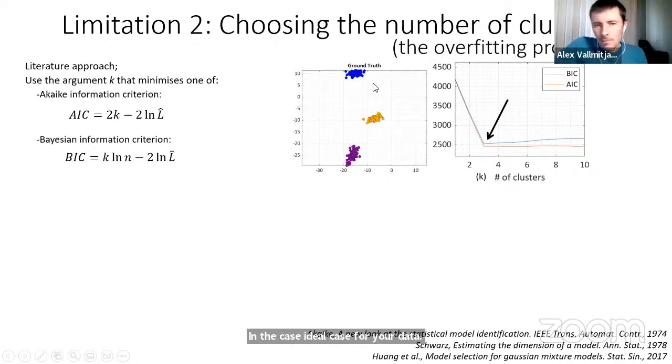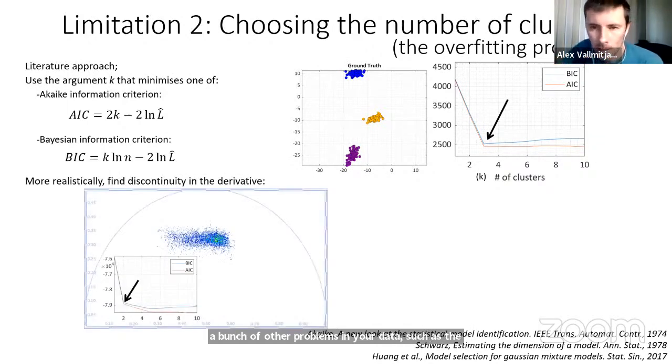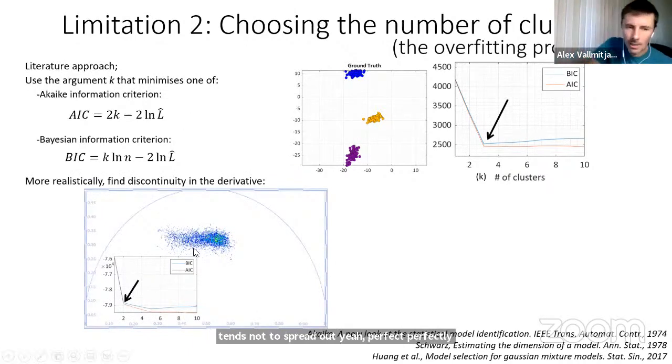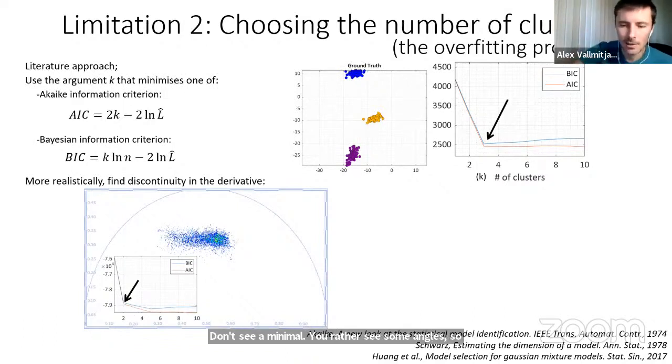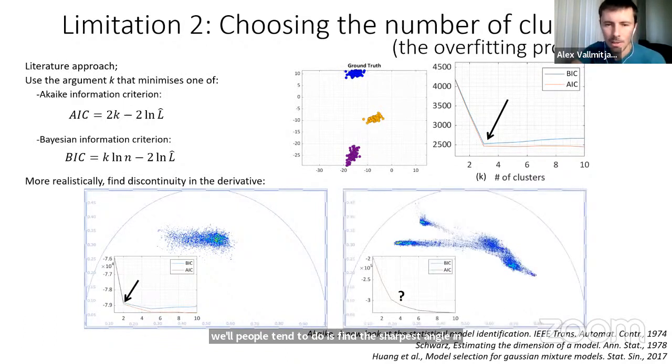But since you have a bunch of other problems in your data, such as the linear combinations I was showing before, your data tends not to spread out perfectly Gaussian, so there's always error in your data, and normally you don't see a minimum, you rather see some angles. So what people tend to do is find the sharpest angle in the variation of these quantities. This is the example of one of the ones I showed you before: as the data gets more and more complex, at the end it's just a smooth curve. So it's an open problem.